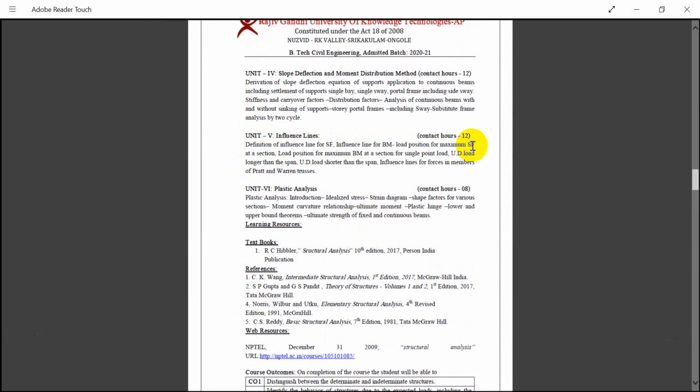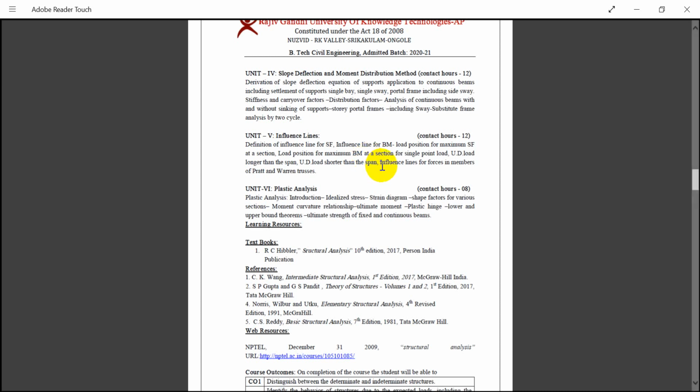Load position for maximum shear force at a section, we already discussed previously. Load position for a maximum bending moment at a section for a single point load, UDL longer than the span, UDL shorter than the span. That's it. He didn't mention any rolling loads, absolute bending moment, or maximum bending moment at a section. He didn't mention them, but I know these are very important topics in GATE. That's why I discussed it.